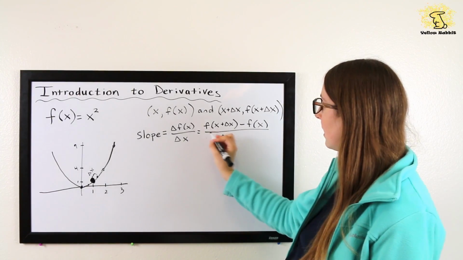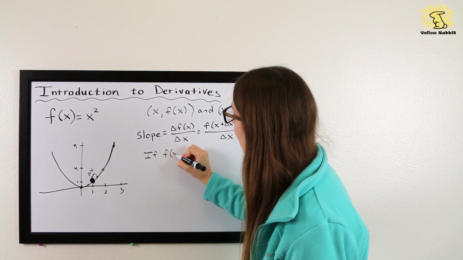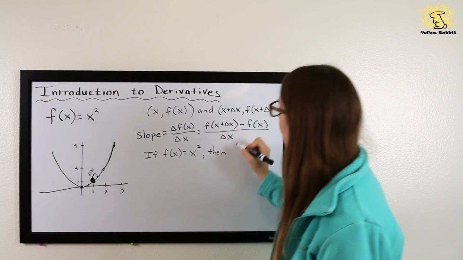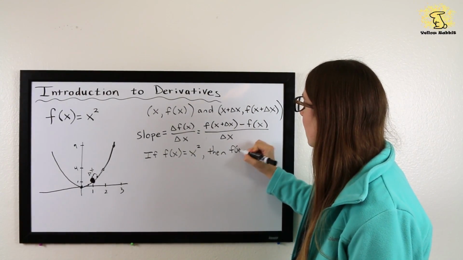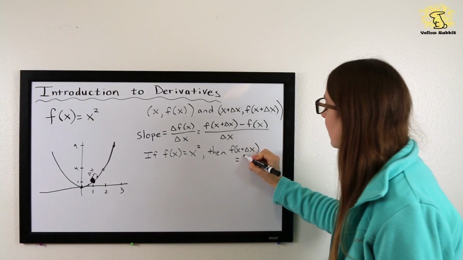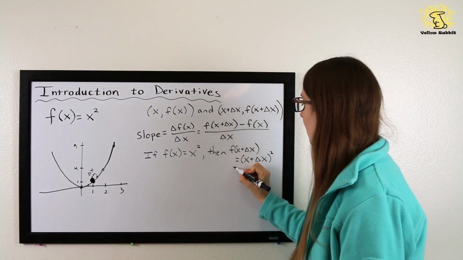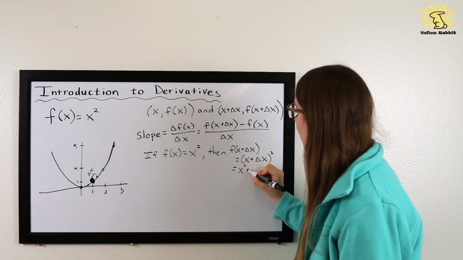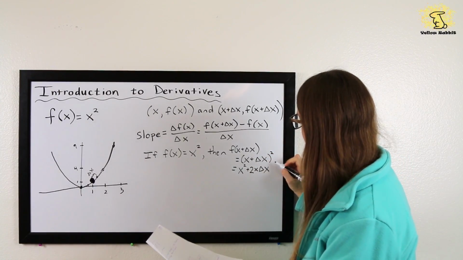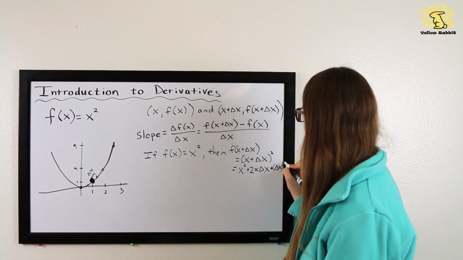So if I plug in f of x equals x squared, then my next quantity, f of x plus delta x, will become x plus delta x squared, or x squared plus 2x delta x plus delta x squared.